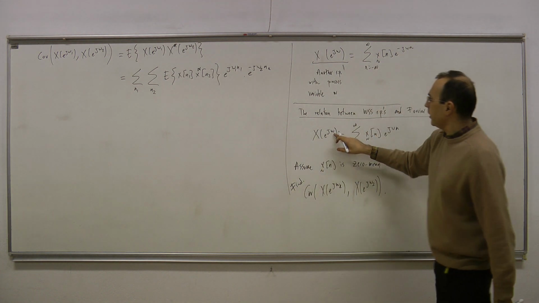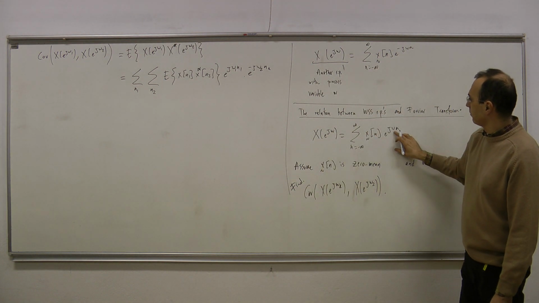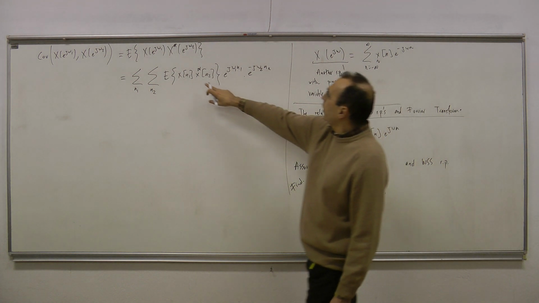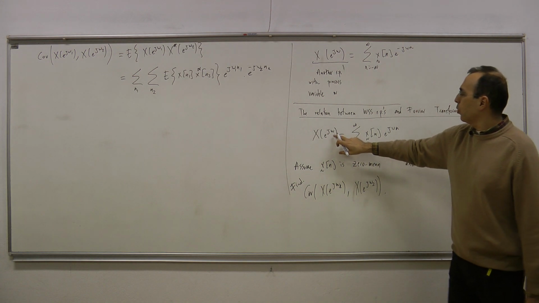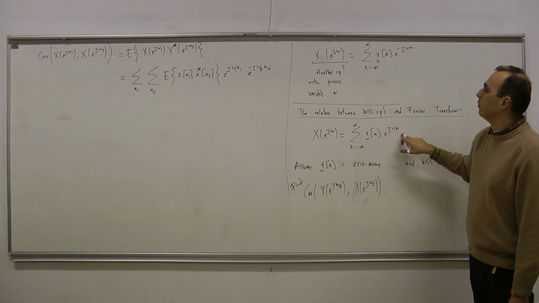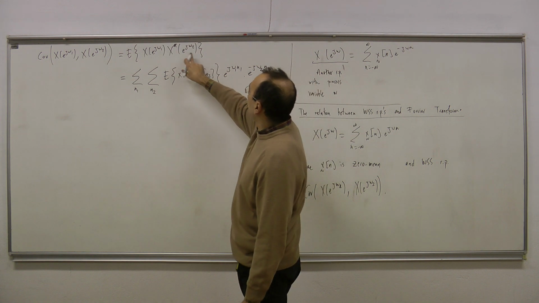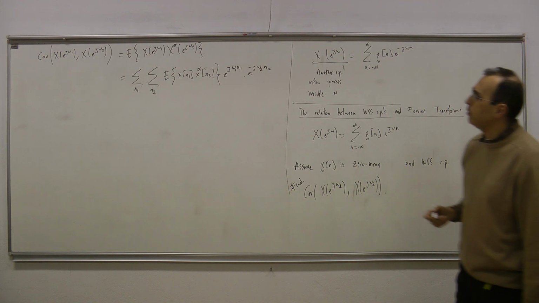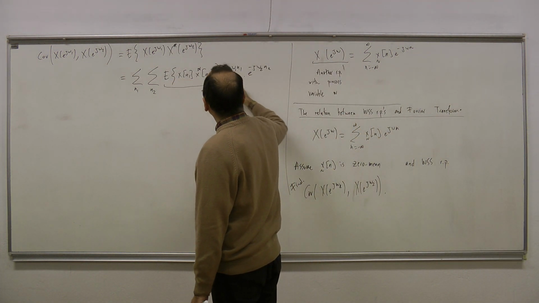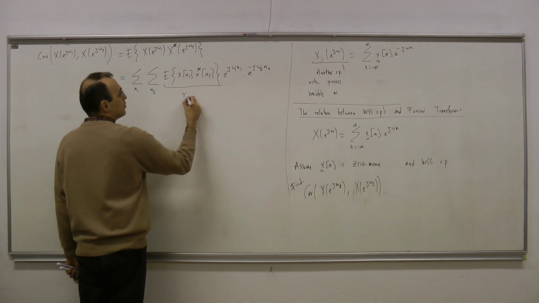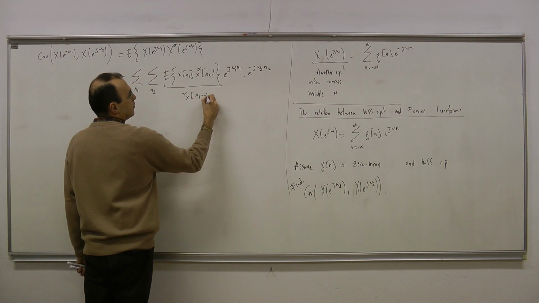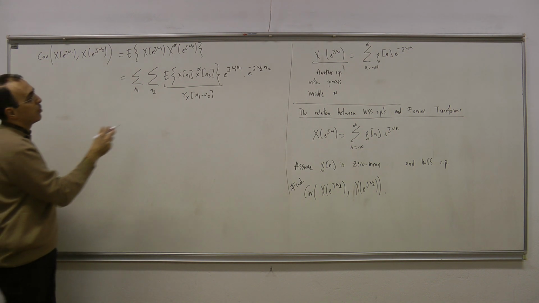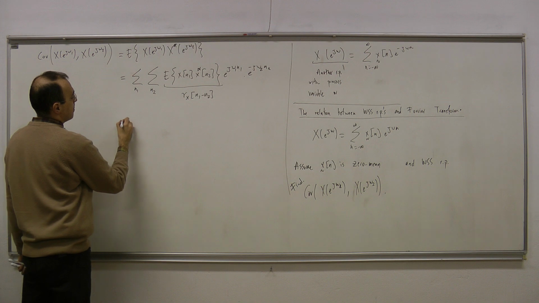I insert the definition for omega 1 using dummy variable n1, and do the same thing for omega 2 using n2, with a conjugate. That is it. Now, this is our autocorrelation. But since this is wide-sense stationary, this is Rx of n1 minus n2. It's a function of a single variable, because this is wide-sense stationary, as we have said.